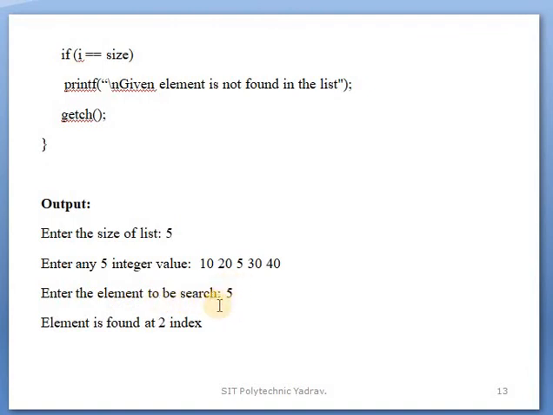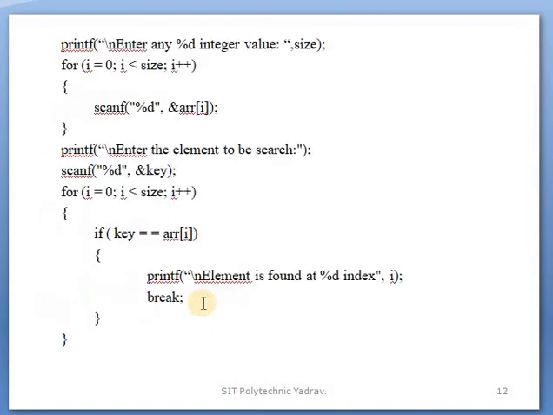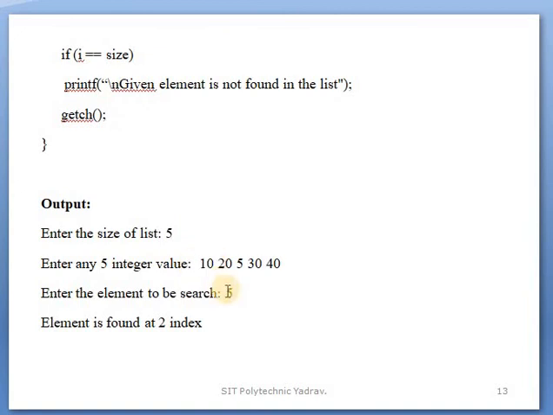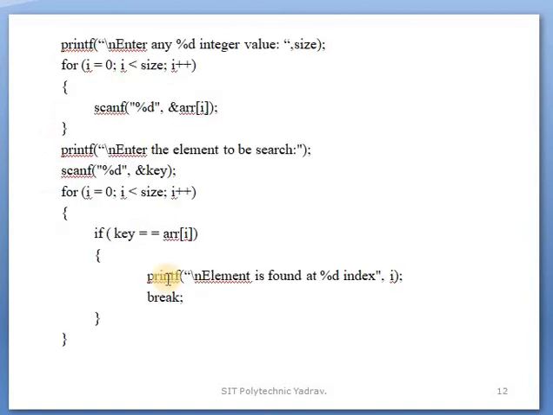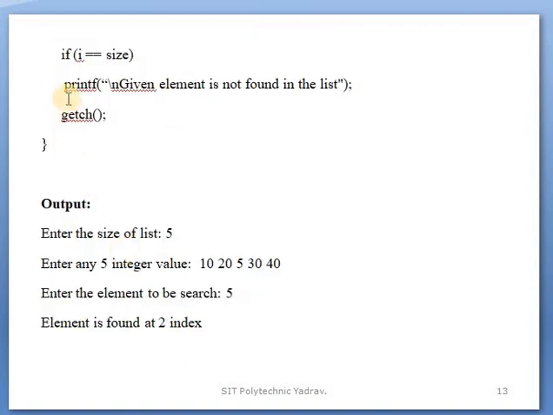For example, we search for 5. The key 5 is compared with array of 0, which holds 10. If equal, it displays "element is found at %d", the index i, here 0, and then break. But these are not equal.